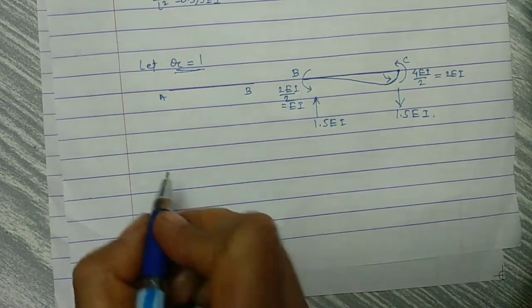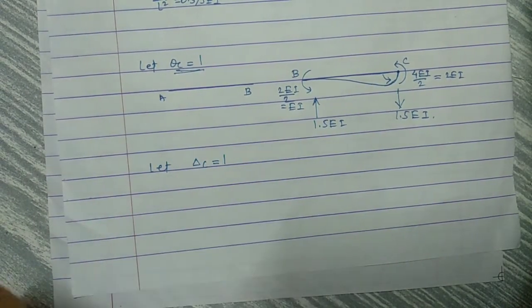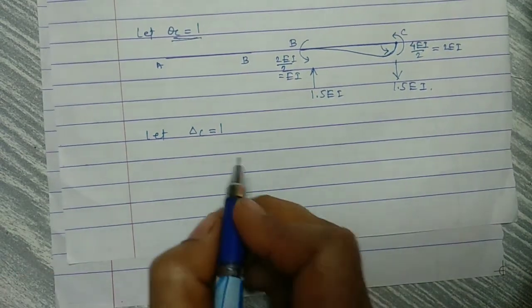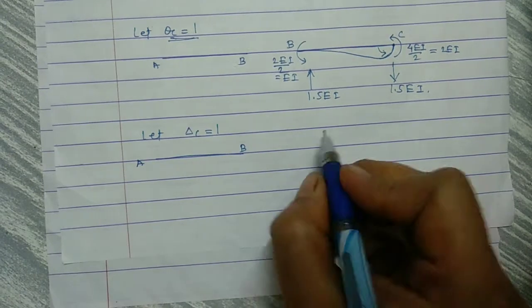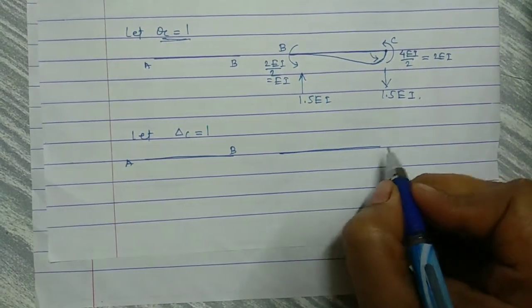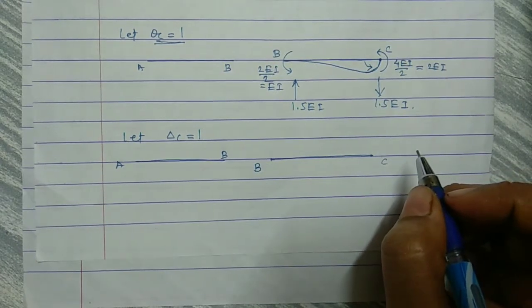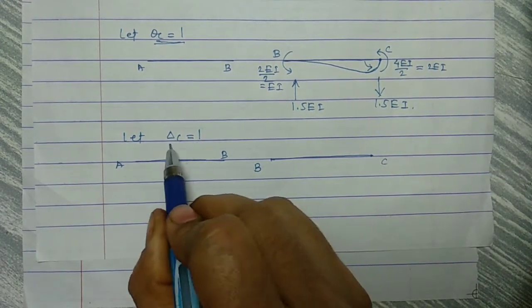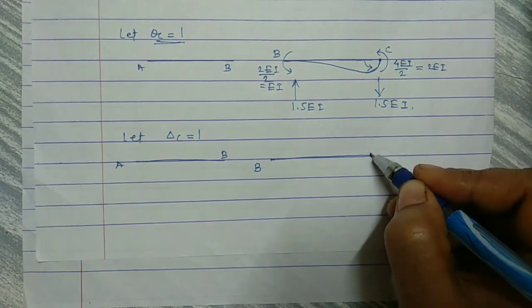Now third, let us take the third degree of freedom, that is delta C equal to 1. So when delta C equal to 1, AB will be as it is. Member BC, draw member BC here. Give this unit deflection, translation in positive direction, that is in upward direction.